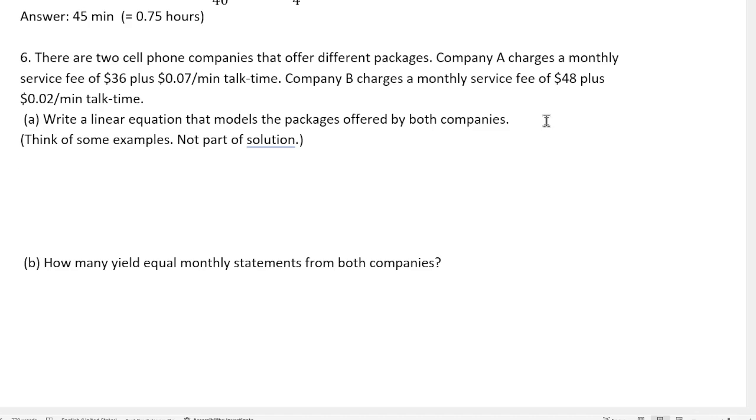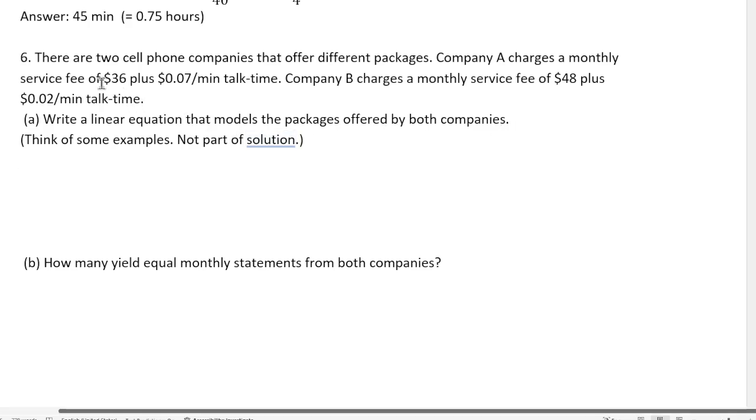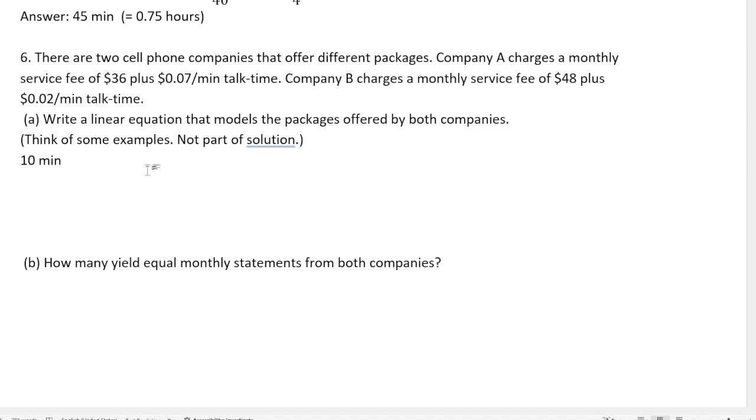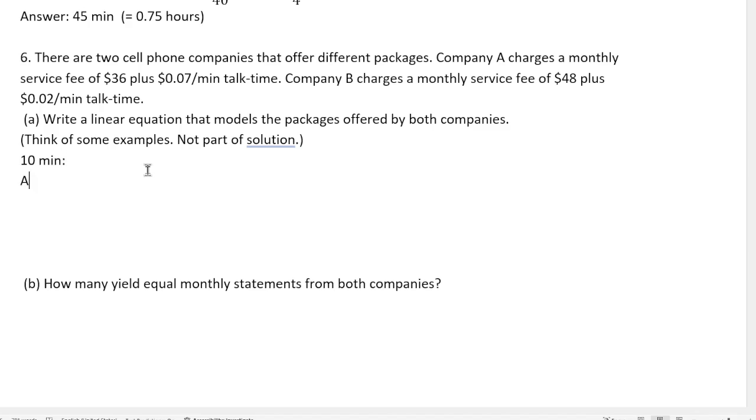Okay, so suppose you use the phone just 10 minutes. So for 10 minutes, in that case, Company A would be, you have a charge of $36, right? And then plus 7 cents per minute, or $0.07 per minute, but you've used 10 of these, right?